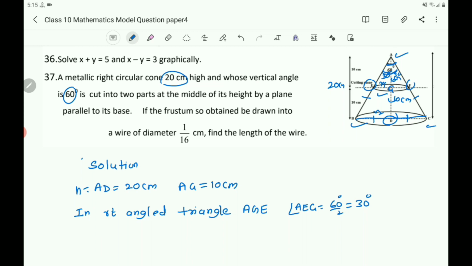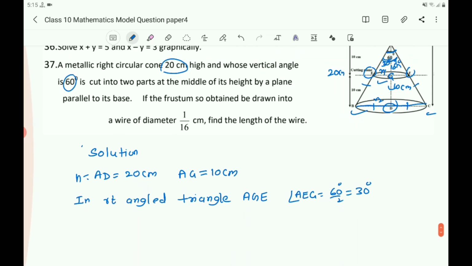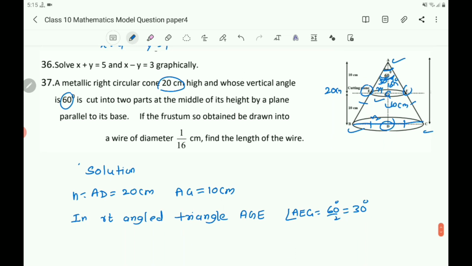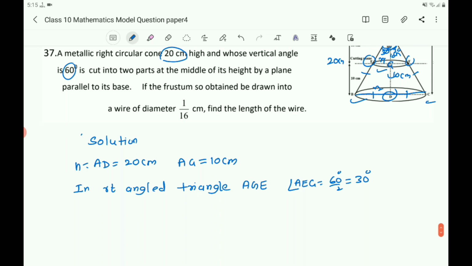And to get EG, R1, write the ratio. Here EG becomes the opposite side for that angle and AG becomes the adjacent side. So opposite side by adjacent side means that is tan theta.